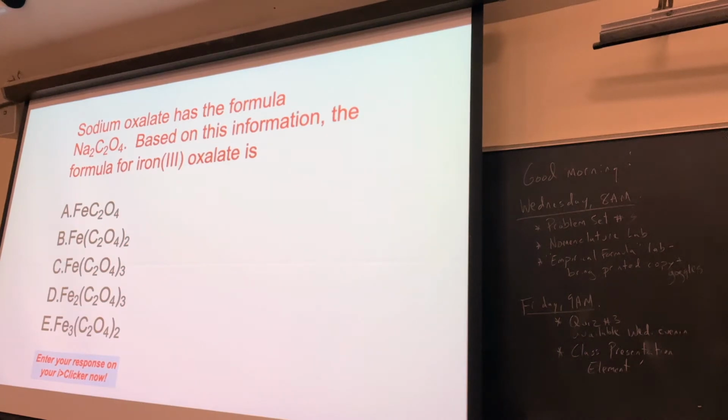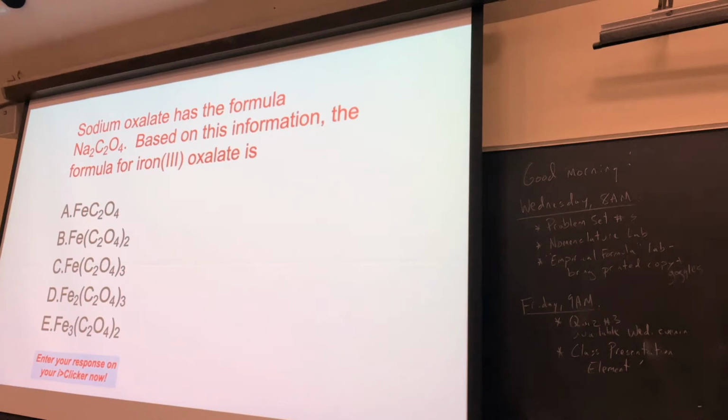So, crazy oxalate, -2. Iron here, +3. That's what the iron Roman numeral 3 means. If it was iron 2, it would be +2, etc. So when these two come together, you've got to make sure that the positives and negatives cancel.